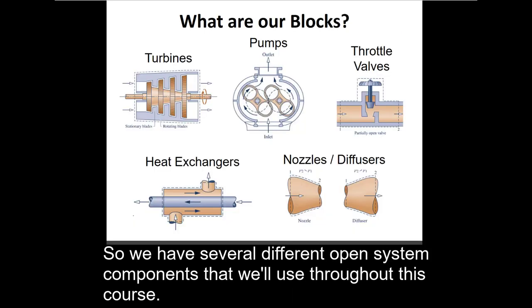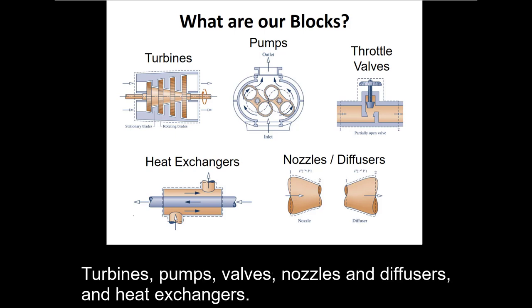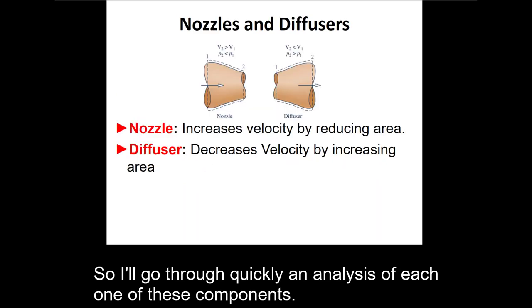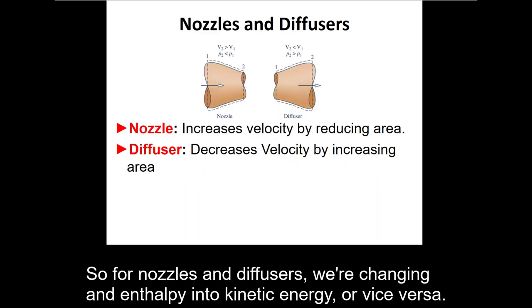So we have several different open system components that we'll use throughout this course: turbines, pumps, valves, nozzles and diffusers, and heat exchangers. I'll go through quickly an analysis of each one of these components. For nozzles and diffusers, we're changing enthalpy into kinetic energy, or vice versa.